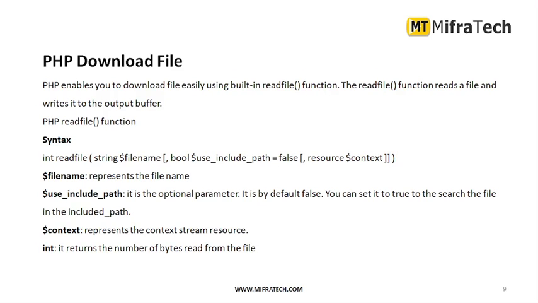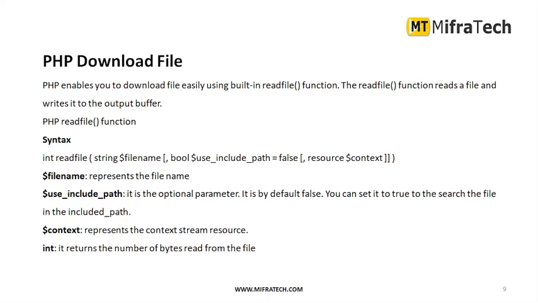Next, PHP download file. PHP enables you to download a file easily using the built-in readfile function. The readfile function reads a file and writes it to an output buffer. Here we can see the syntax: int readfile(string filename, bool use_include_path = false, resource context).